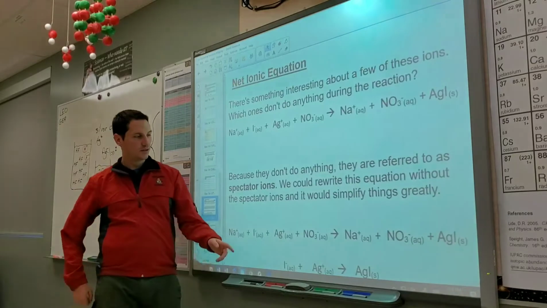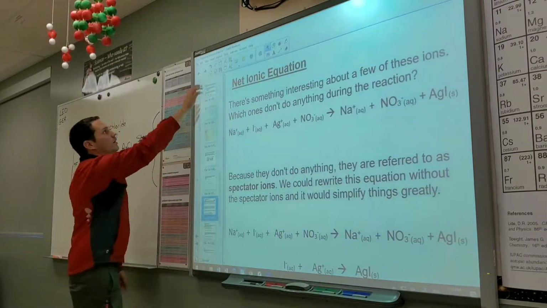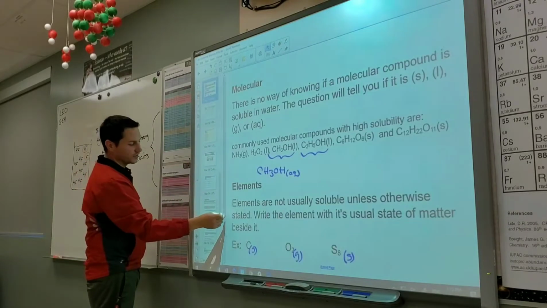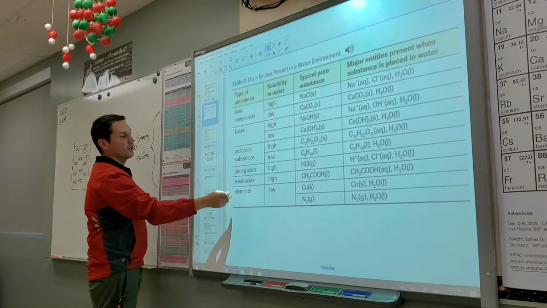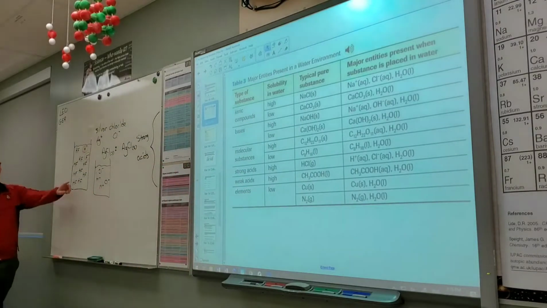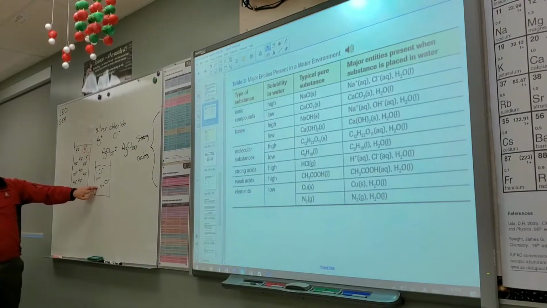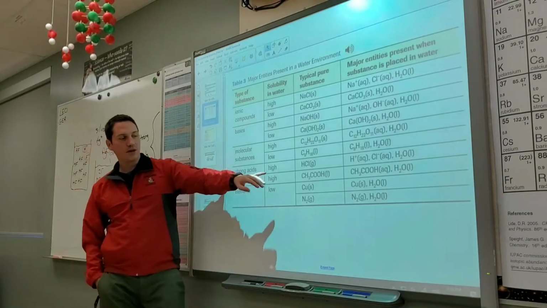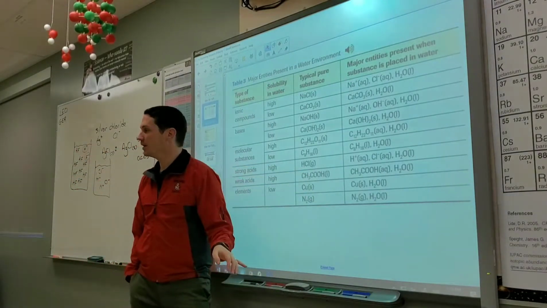Strong acids. What do strong acids do all the time for every single one of them? They always separate. They always break up. They always ionize, right? So when I add hydrochloric acid, is it really hydrochloric acid?